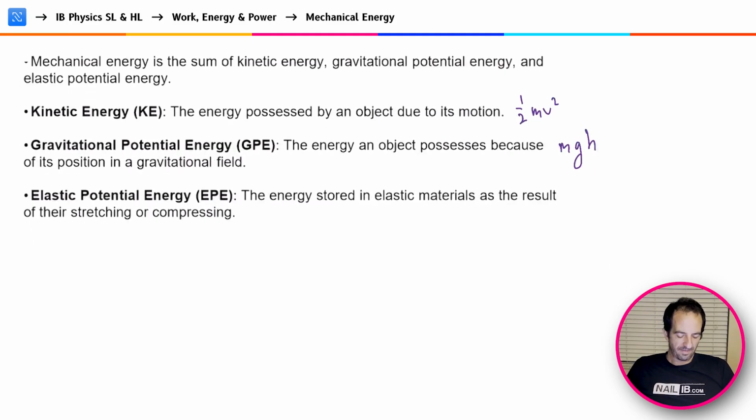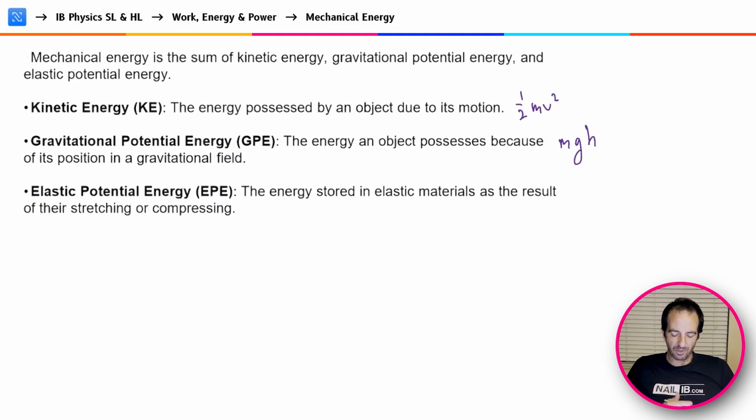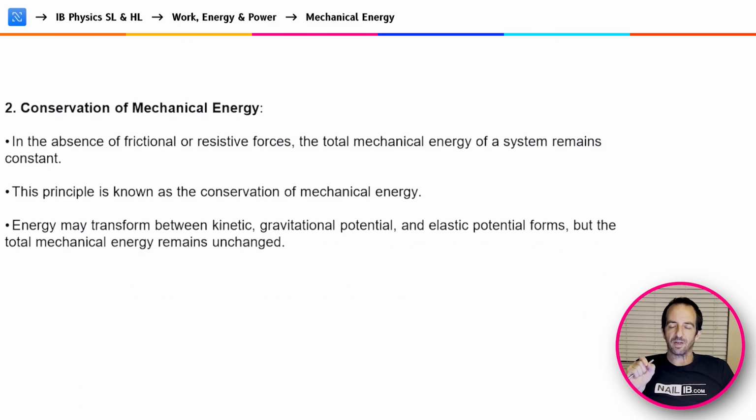And we also have elastic potential energy, which comes from energy stored in springs or any other mechanism that could stretch or compress in a similar manner to a spring. Conservation of energy, we mentioned it earlier, but it's going to be important for solving these problems: within a closed system, absent any friction or resistive force, the mechanical energy will remain constant.